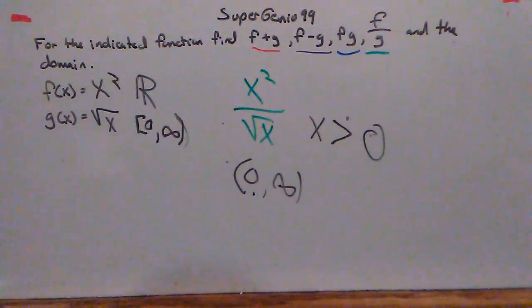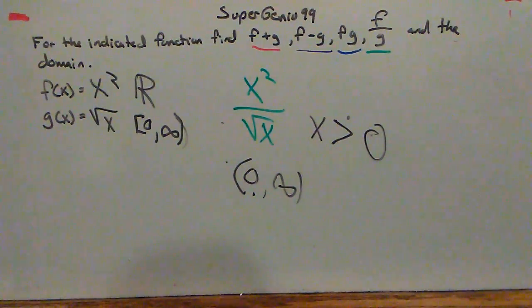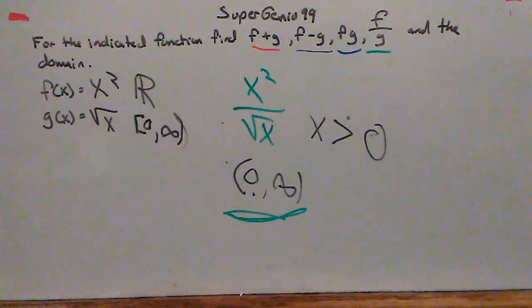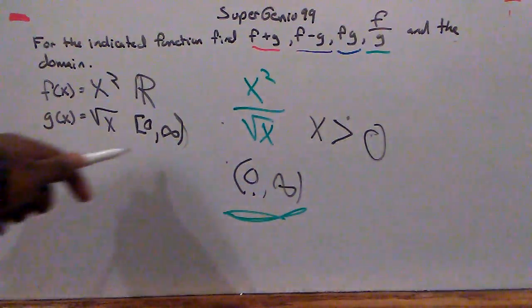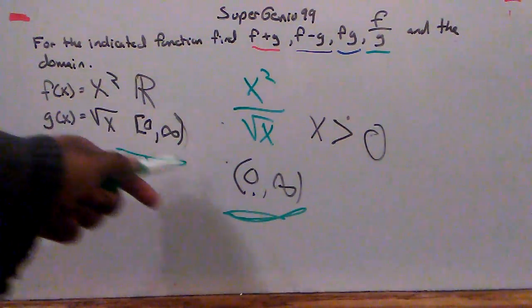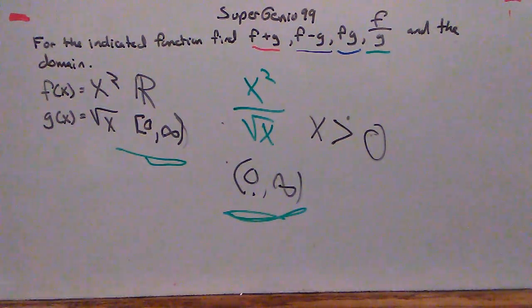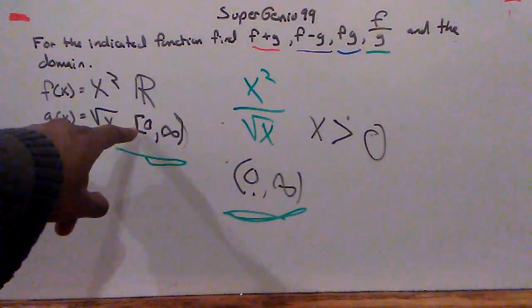Okay, and then this brings up a good point. What's the difference between the domain of f divided by g, that one, and then the domain of g of x? So you notice this one has a square bracket, and then this one has a parentheses. So this, we can use 0.